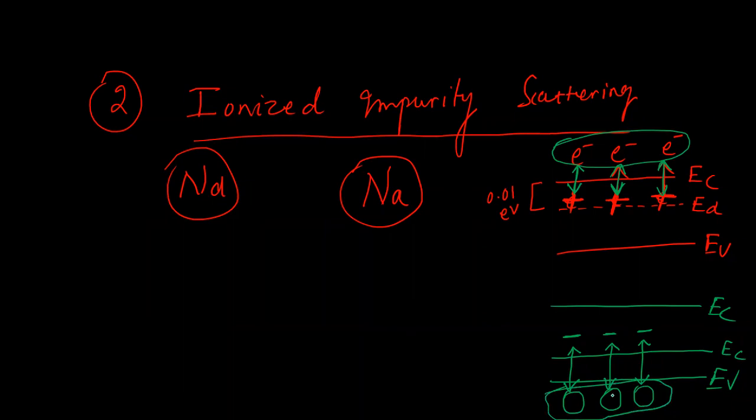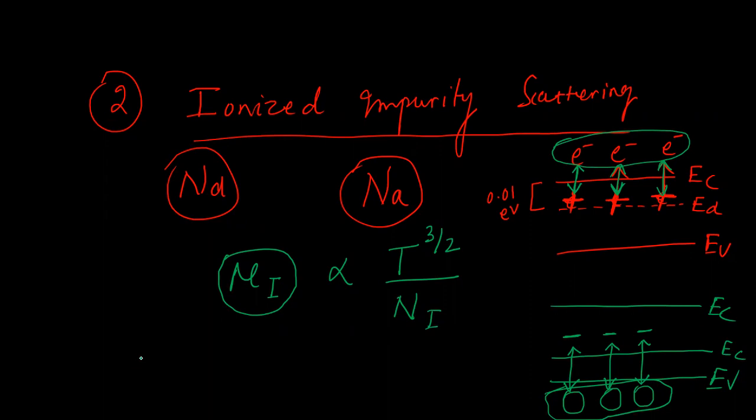This Coulomb interaction produces scattering and affects the mobility, or you can say the velocity, of the charge carriers. This can be written as mu I, the mobility due to impurity scattering, which is proportional to T to the power 3 by 2 divided by Ni. T is the temperature, and Ni is the total ionized impurity concentration.